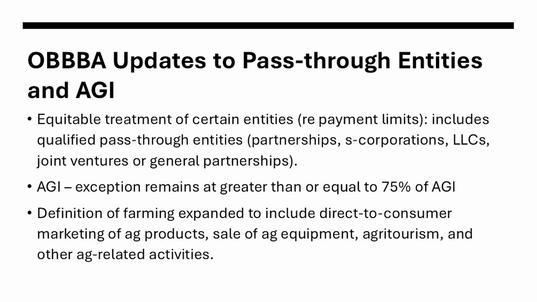There were no changes to the AGI exception, so 75% of AGI is still in place for the adjusted gross income. They did expand the definition of farming, so that includes direct sales to consumers, agritourism operations, and sales of equipment to fall in that farming definition.